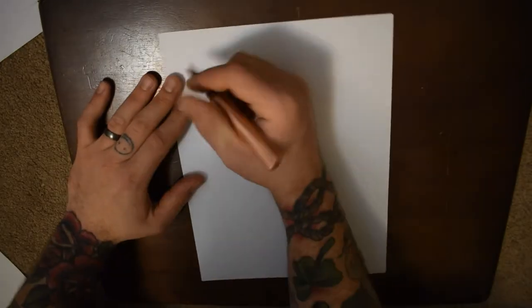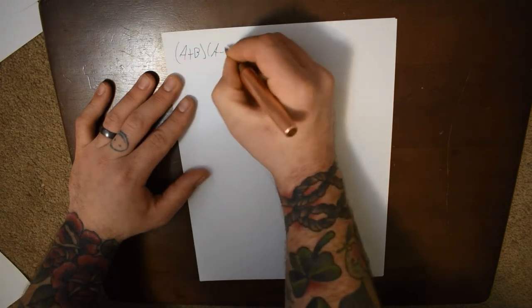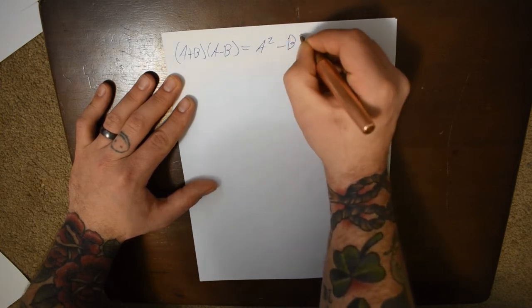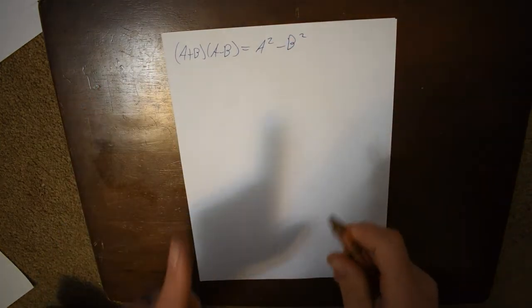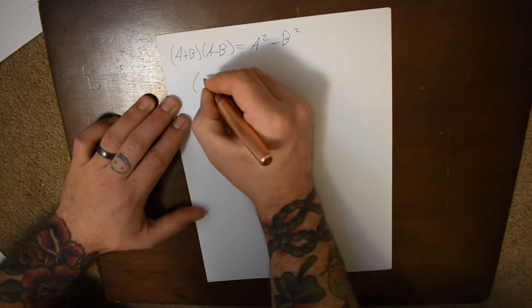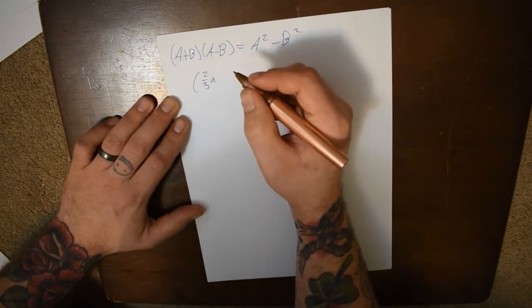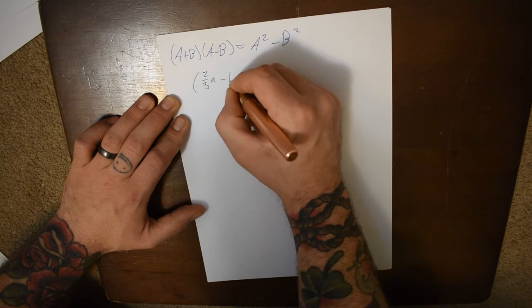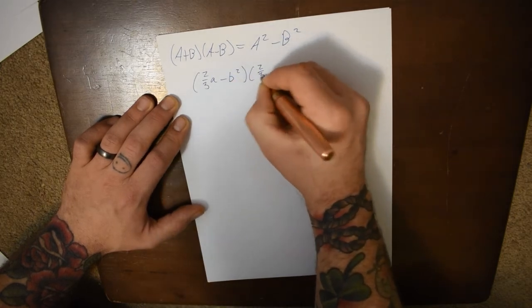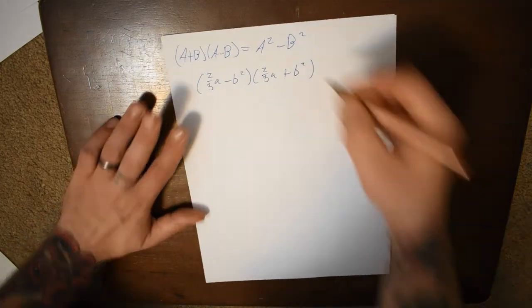But let's use that new rule. (a plus b) times (a minus b) being equal to a squared minus b squared. Let's use this rule to solve a problem, and let's introduce some fractions. Let's say we had (2/3 of an a minus b squared) times (2/3 of an a plus b squared).